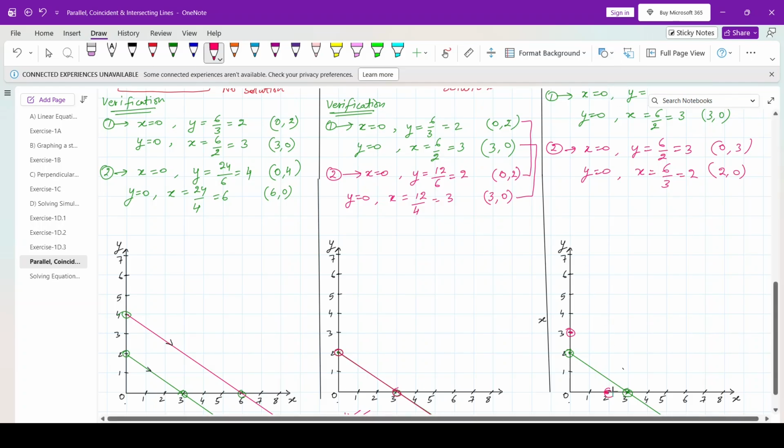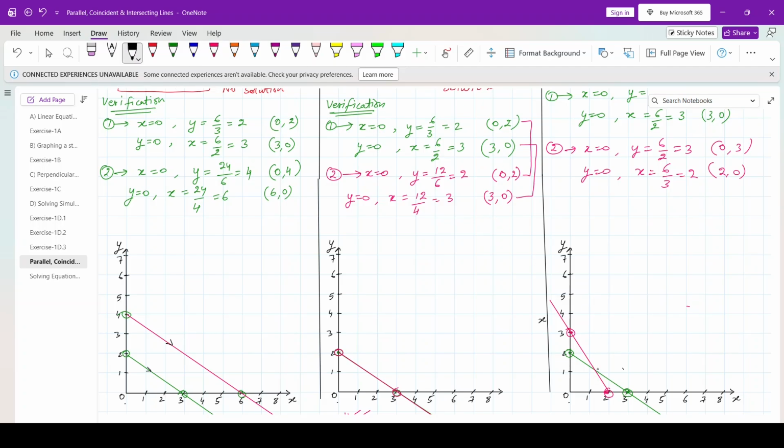If we plot a straight line joining these 2 points, we will get this line, and hence these 2 lines intersect each other at this point. This is our unique solution, or intersection point.